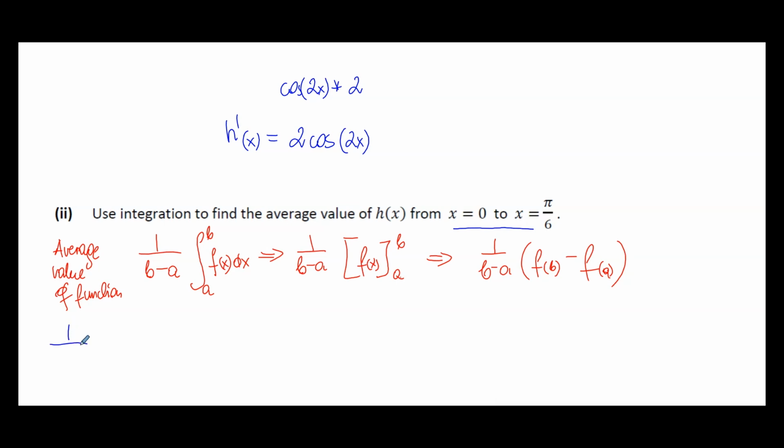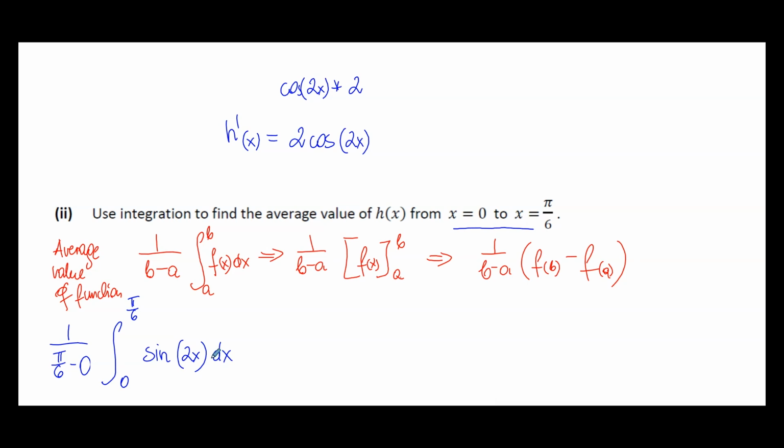So in this case, it's 1 over pi over 6, which is the higher number, minus 0, that's the lower number. And we're saying we're going to integrate within that interval the function sin 2x, and we put dx, that's the reason why we are putting dx here.